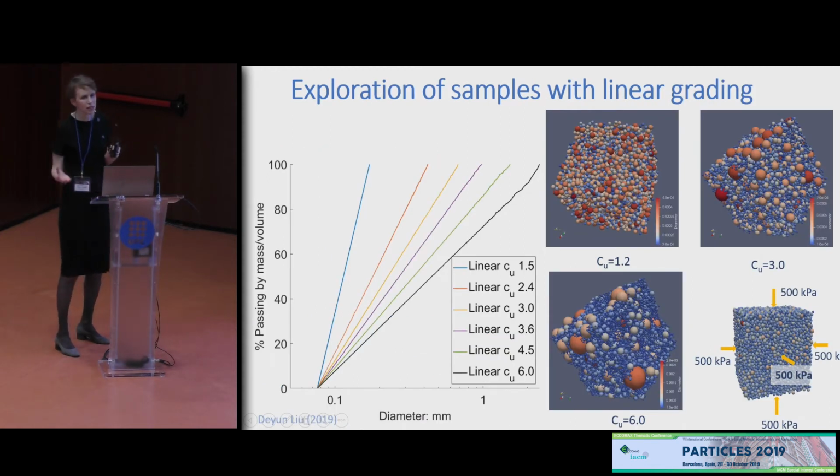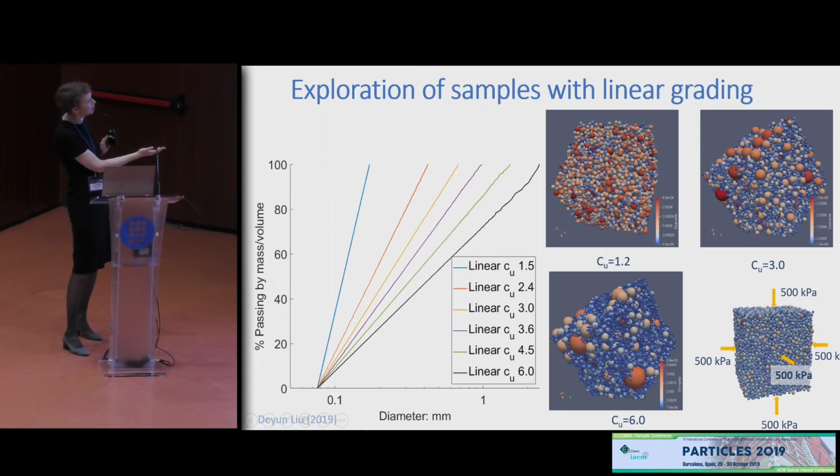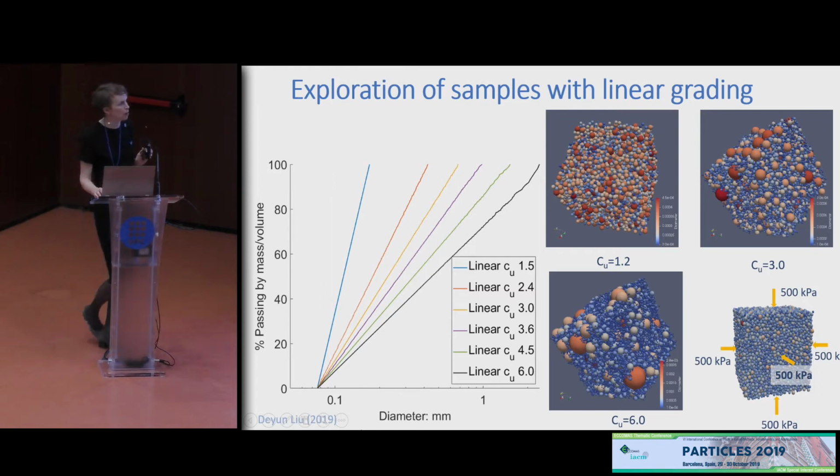To assess how similar this might be to the actual void ratio of the material that's used in geotechnical engineering practice, we did a simple parametric study where we created a number of different samples with a linear, continuous particle size distribution and compressed these isotropically to 500 kPa using periodic boundaries.